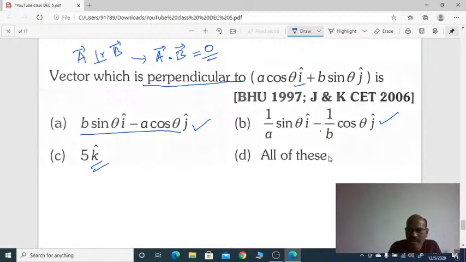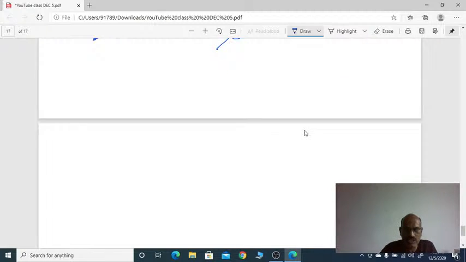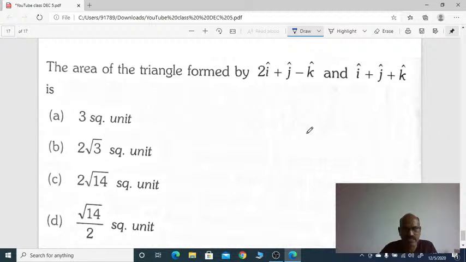Here i, j is there, but here is k, so we cannot multiply, so 0. So what happened? All these are correct options because the two vectors which are perpendicular to each other will have their dot product 0. So D is the correct option. Whatever you multiply the remaining 3 options, you will get all 0. That's why the fourth option is correct.